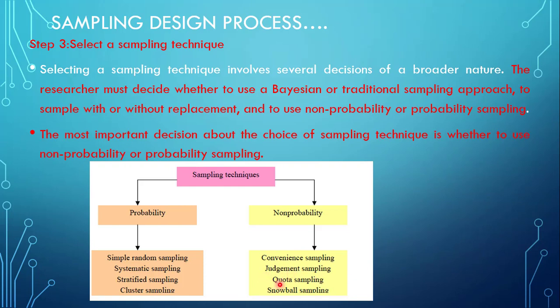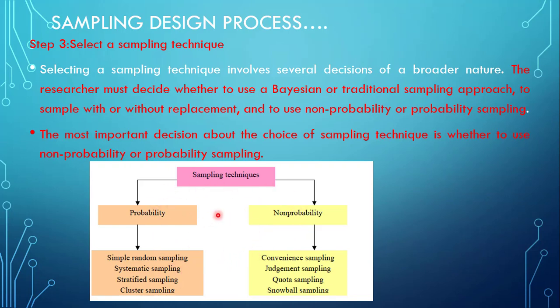When you say quota sampling, it is a process of delimiting and controlling the number of samples to be drawn based on a certain criteria. And when you say snowball sampling, you are going to interview one group initially, and you are going to ask for referral from that specific group. So these are the sampling techniques.